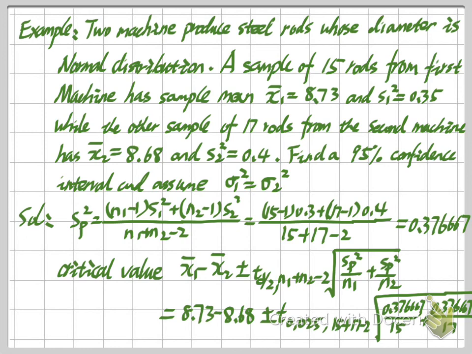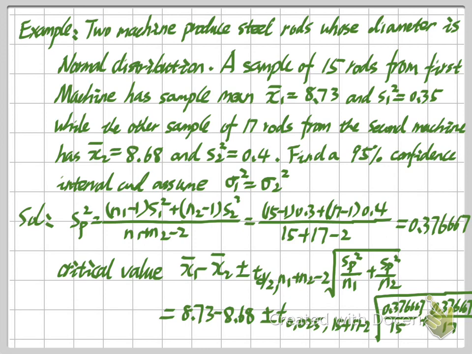Before we use our calculator, one more thing we need to do is use a table of the T-distribution. We need to find the value of T sub 0.025, comma, the degree of freedom. Here the degree of freedom is 15 plus 17 minus 2, so it equals 30.